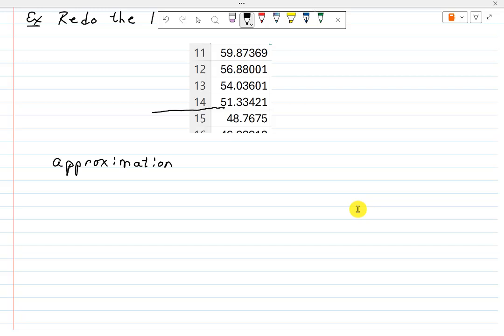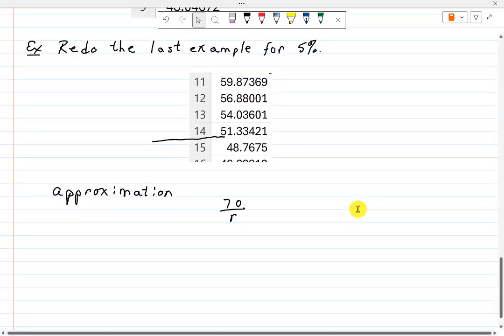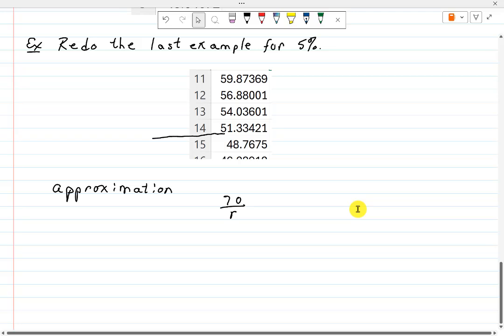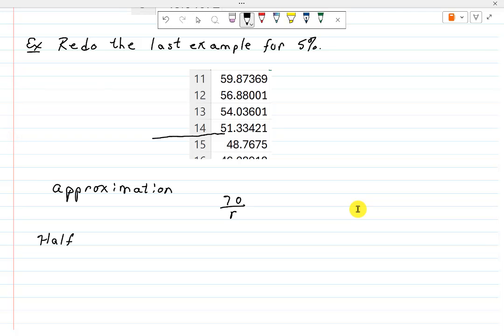The approximation then goes like this. 70 over R, just like the other one. So half-life and doubling time work just the same way. If I look at this last example, the half-life, I would take 70 divided by 5, remember it's 5%, equals 14.